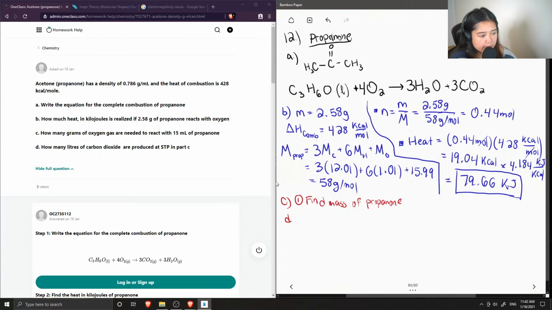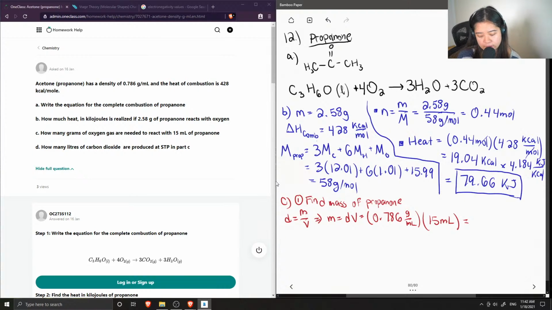So if we recall that density is equal to mass over volume, then we can rearrange this equation to solve for mass, which is density times volume. And the density was 0.786 grams per milliliter, and the volume was 15 milliliters.